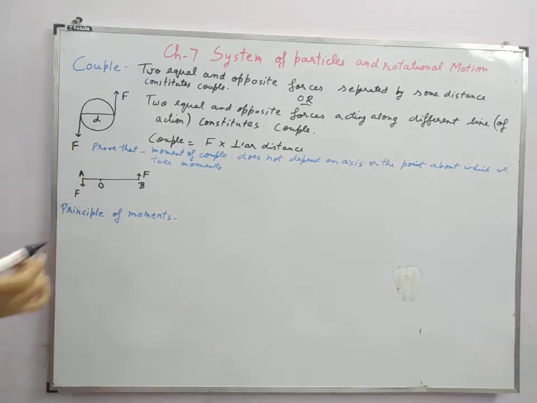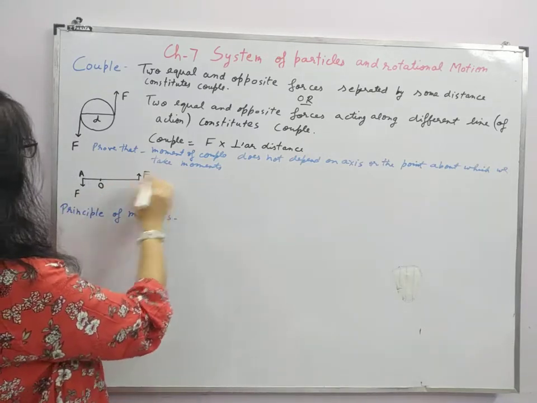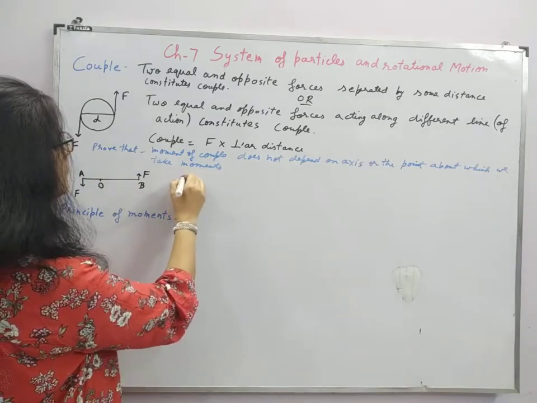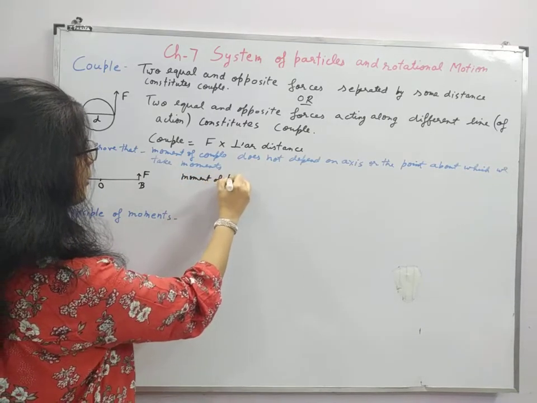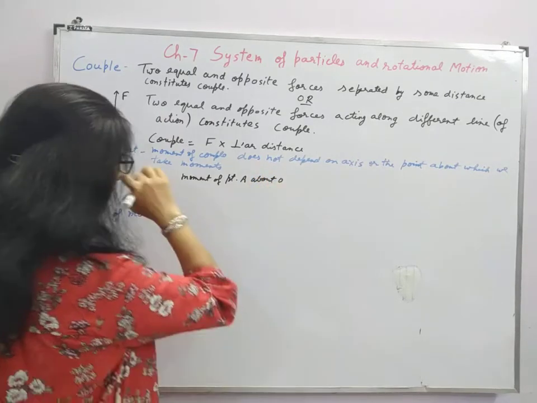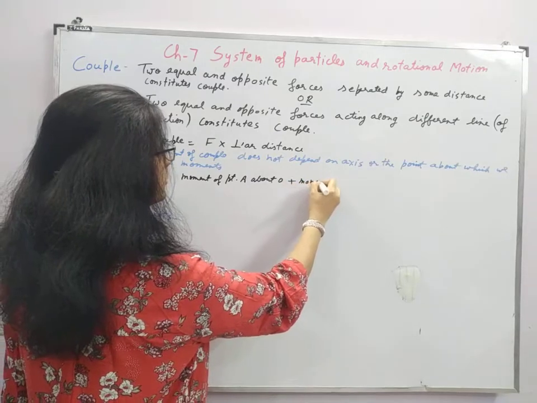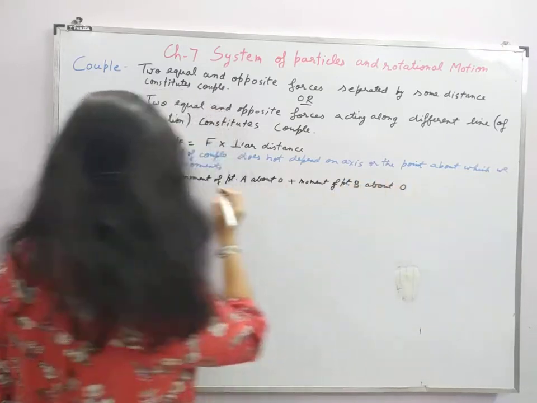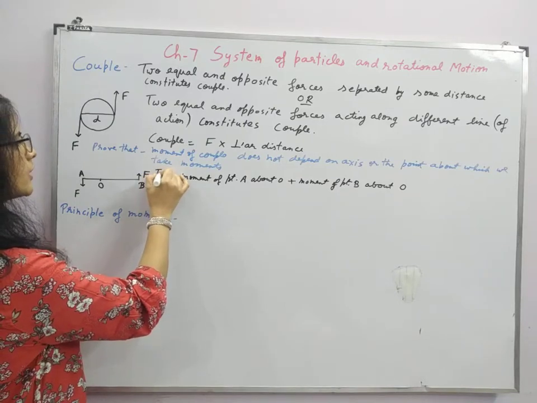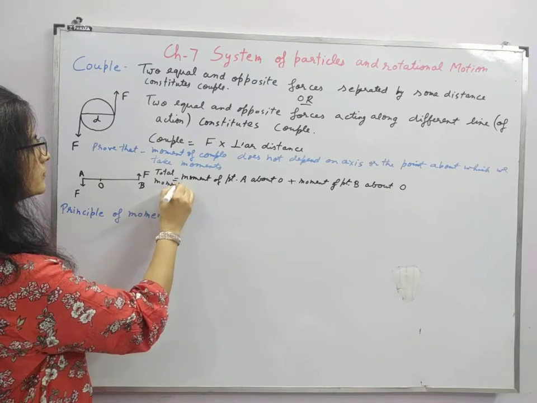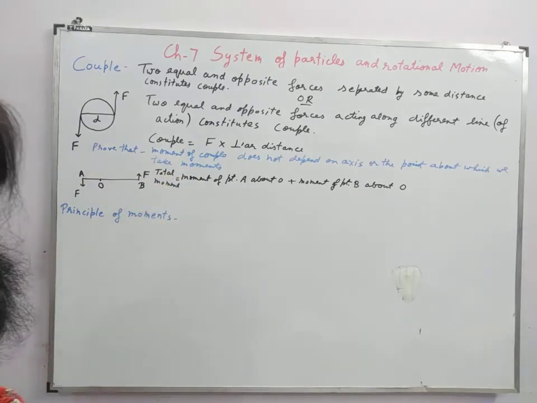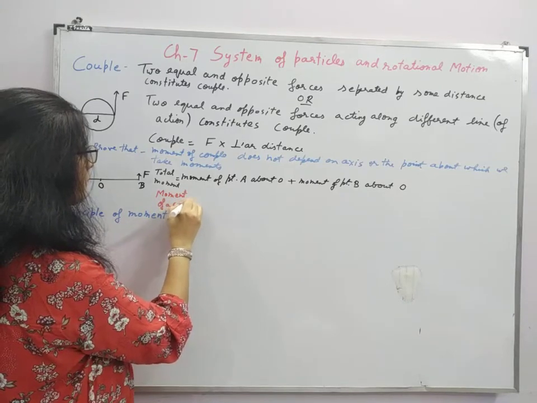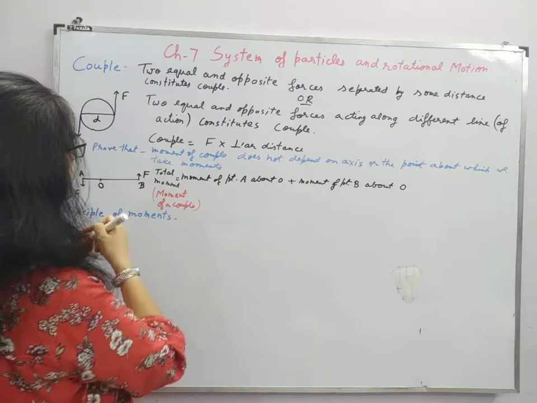So we can write that the moment of force F about O, that means the moment of force F at point A about O plus the moment of the force at point B about O, gives us the total moment, or you can say the moment of a couple.